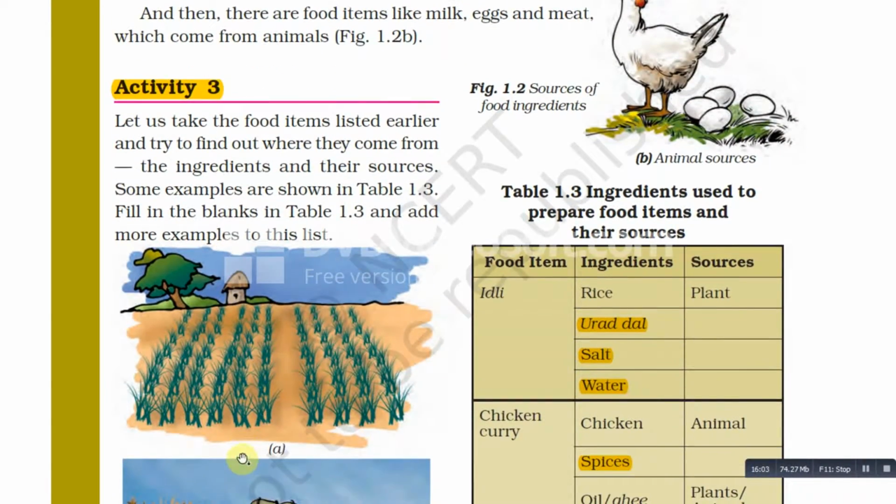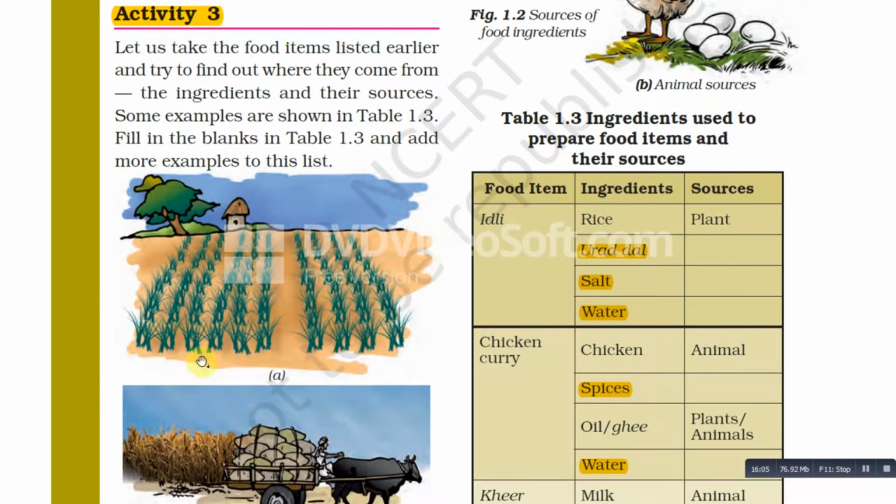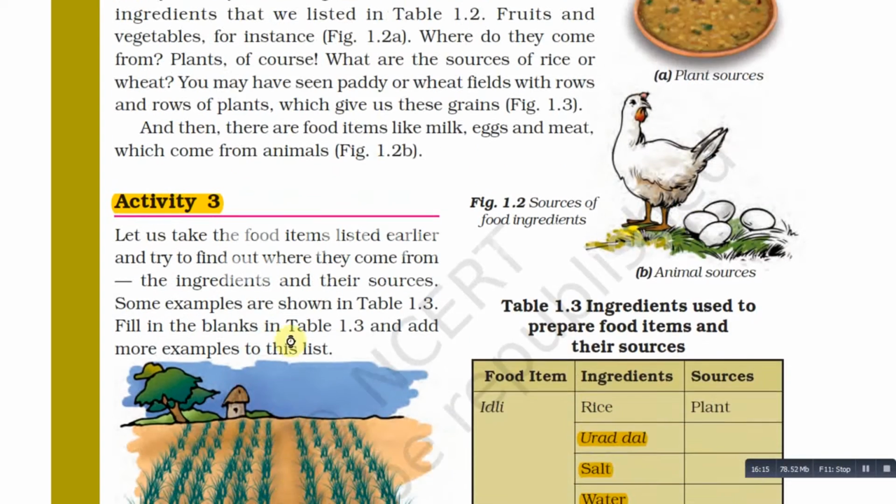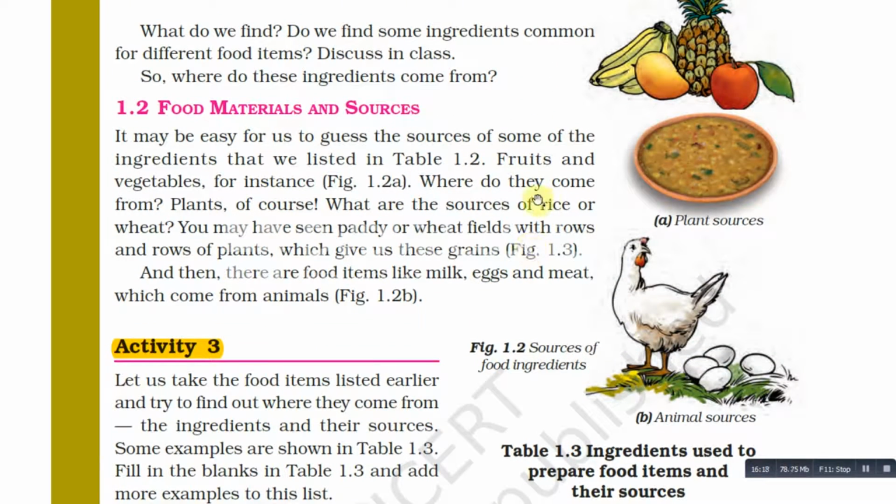See, this is figure 1.3. These farms are there for rice and wheat. This is called paddy, and this type of cultivation is taking place. Then there are food items like milk, eggs and meat, figure 1.2b, which come from animals.